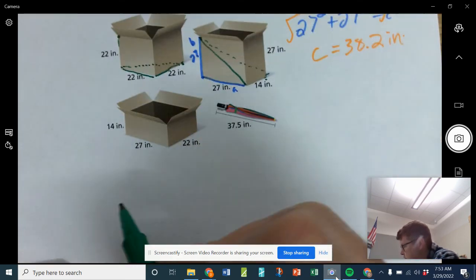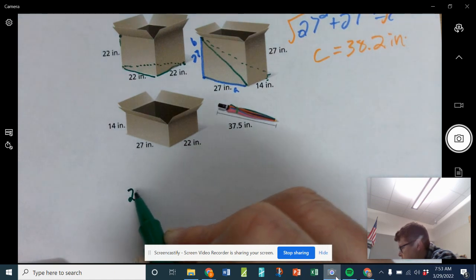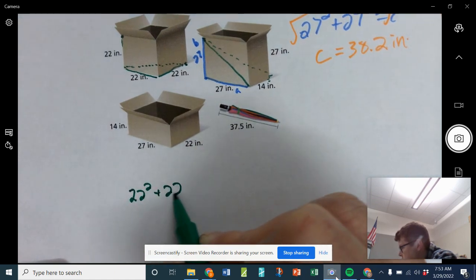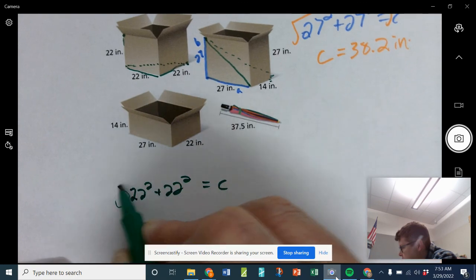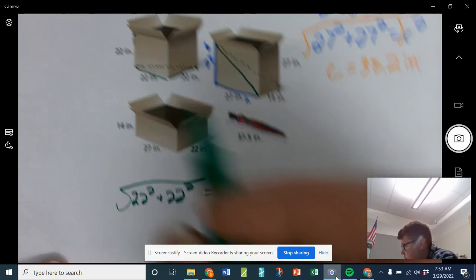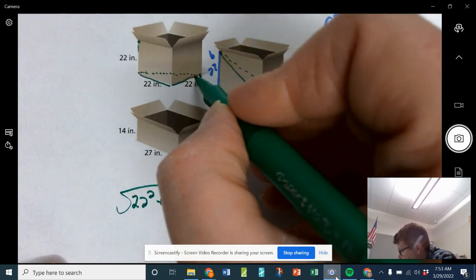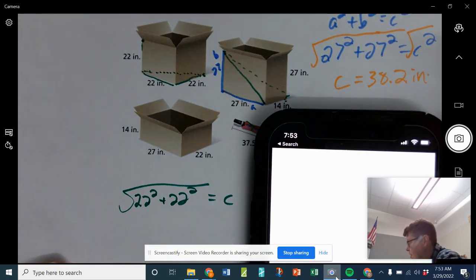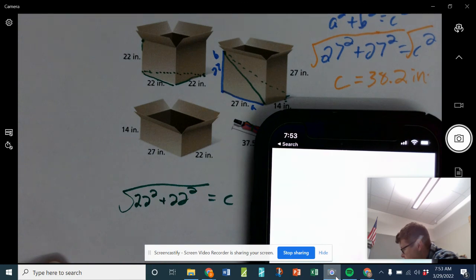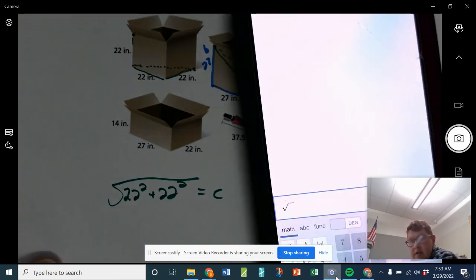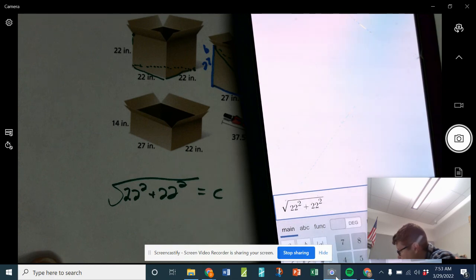So we'll say 22 squared plus 22 squared equals our C value, but it's going to be the square root of that. That'll give us this dimension, and then we'll do a second problem to figure out the cross diagonal. So the square root of 22 squared plus 22 squared gets us to 31.1.